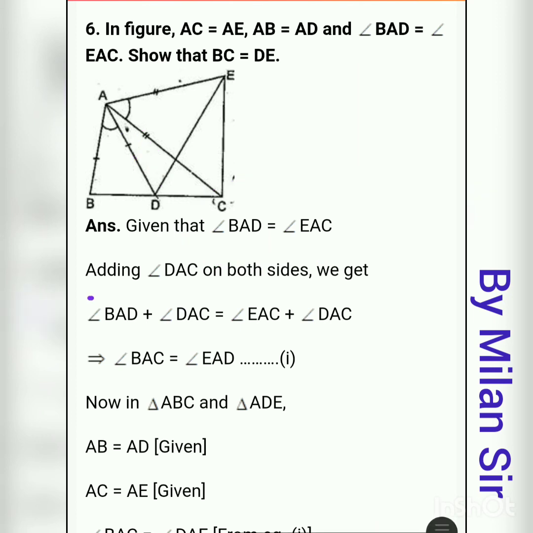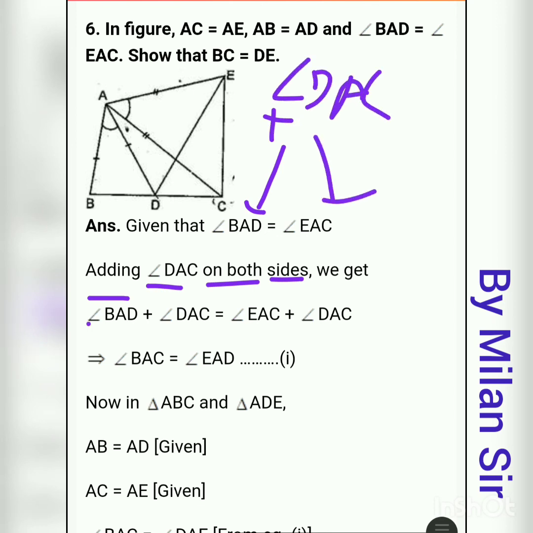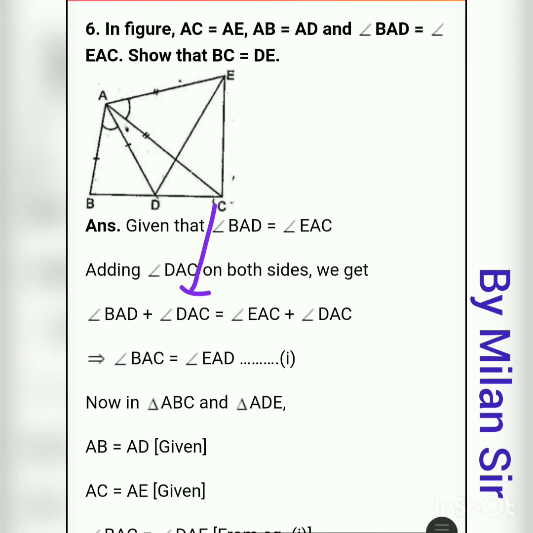So now adding DAC on both sides, BAD plus DAC is equal to angle EAC plus angle DAC. On both sides we add the same thing, so both are equal. Now angle BAD plus DAC, BAD means this angle and DAC means this angle. If we add these two angles we get the full angle BAC.